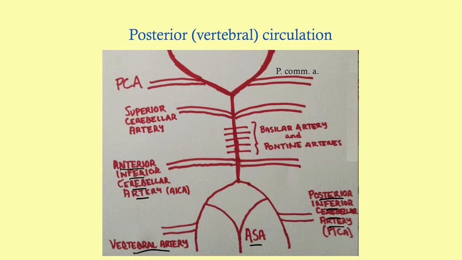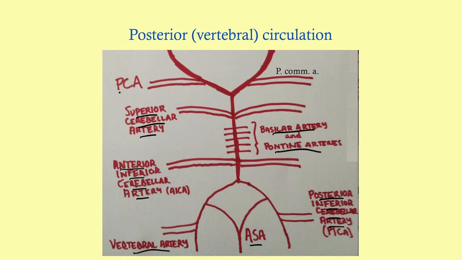And then as they come together, they form the basilar artery. And you only have one basilar artery. This is not paired. And there are various branches that are called pontine arteries, and they obviously supply the pons. Now you have one more paired set of arteries that come off the basilar, and that is the superior cerebellar artery, again supplying parts of the cerebellum.